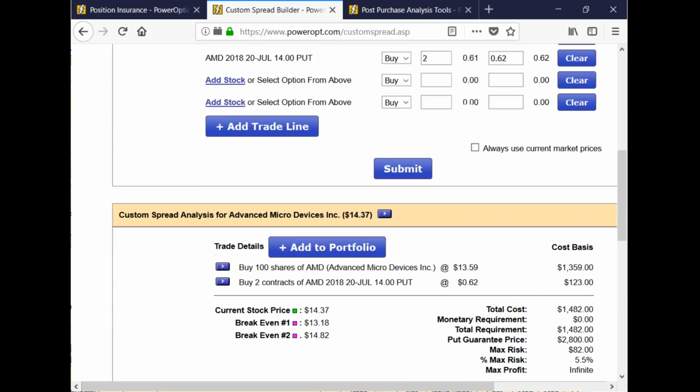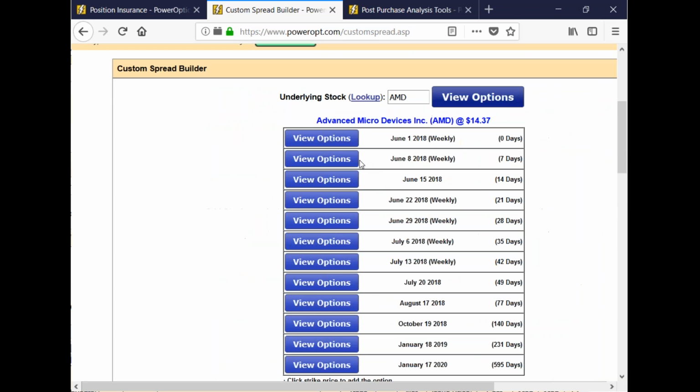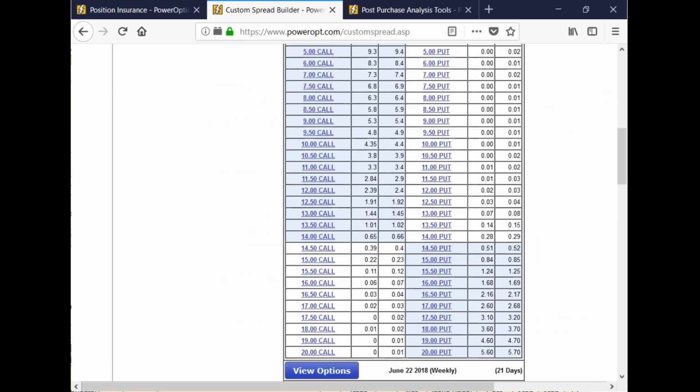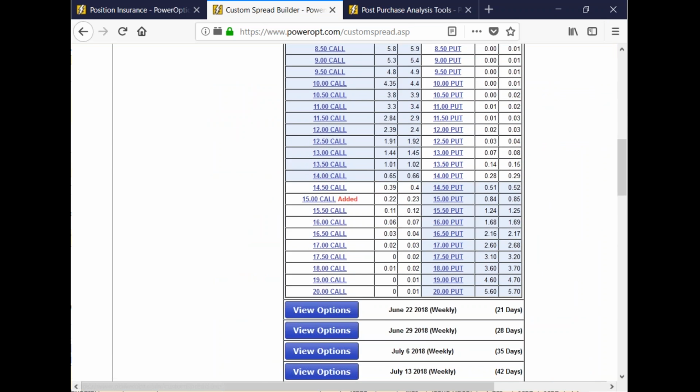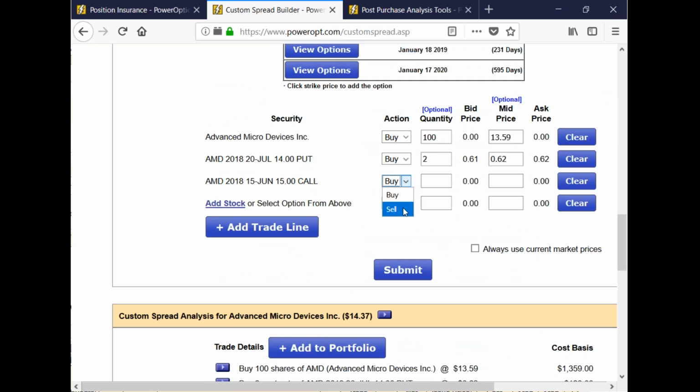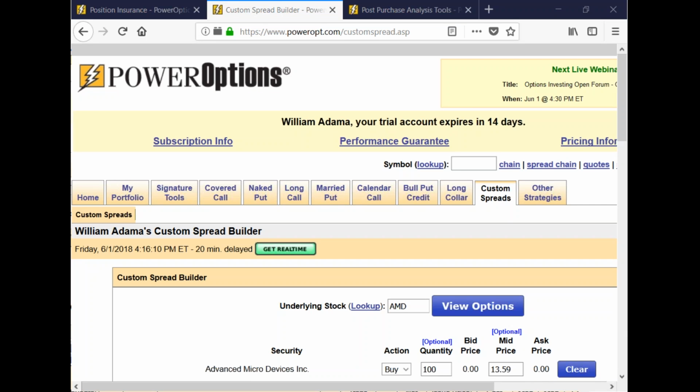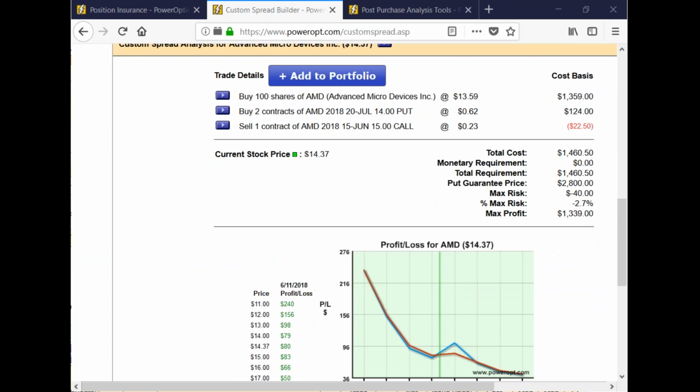Let's take a look. If I did that June call now for 22 cents at 15, just one though. Okay, I'm not selling twice as many. So I've got 2 puts to lock in. I'm going to sell one here. And take a look at that profit and loss chart.